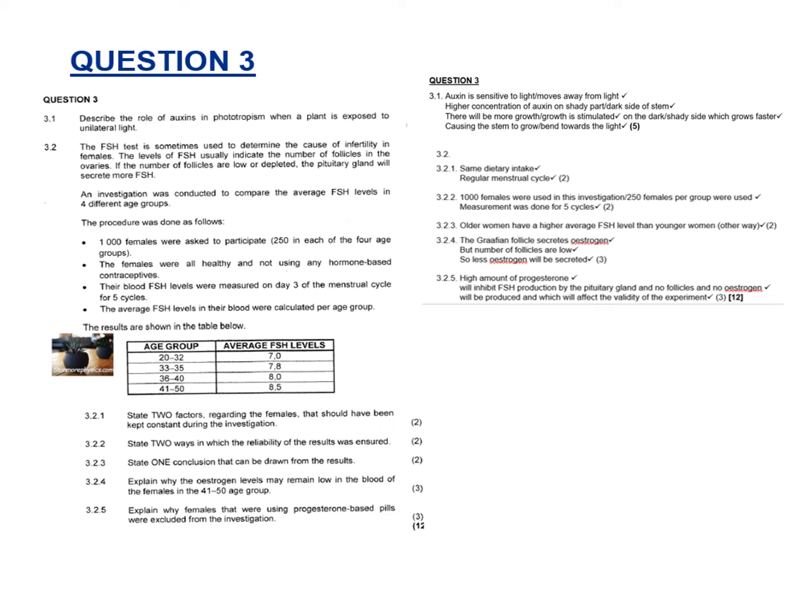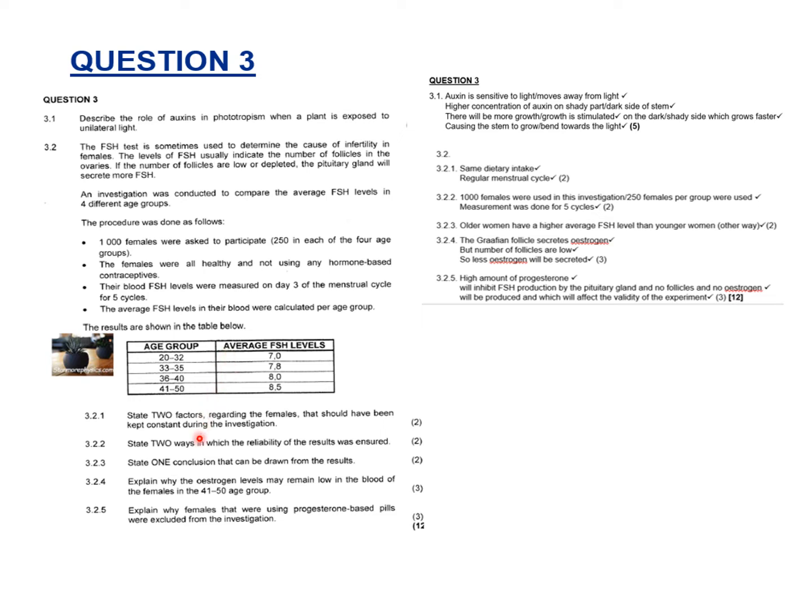Now, can you see they have younger women and older women, and they have lower amounts and higher amounts. So you have to actually compare them. You have to compare older women to younger women. So I would have said that older women have higher FSH levels than younger women.